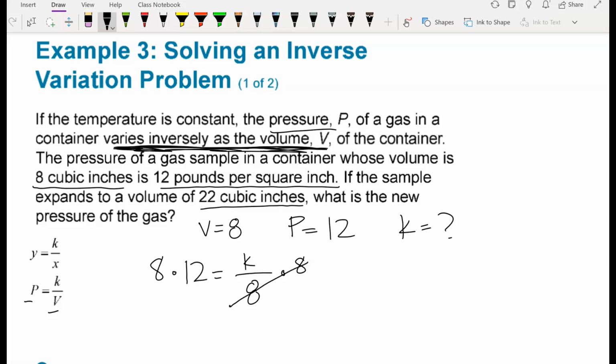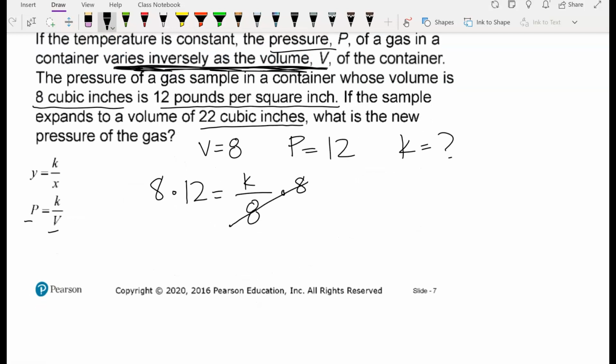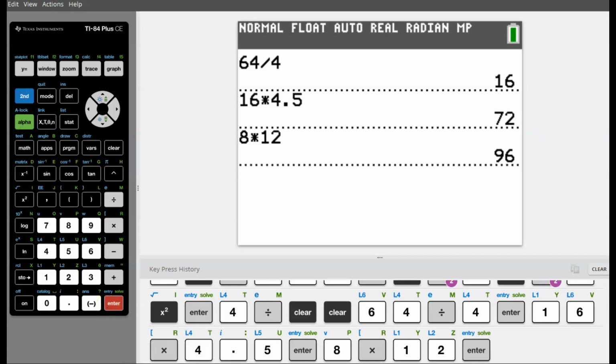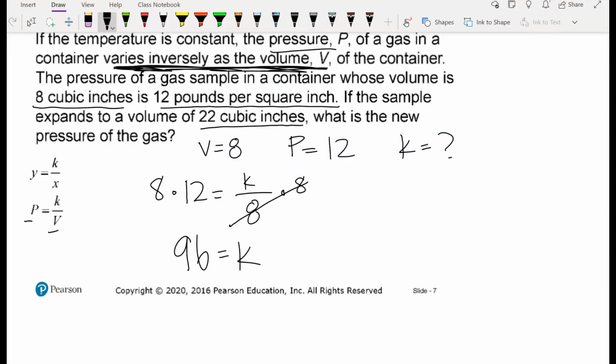So this cancels. So 8 times 12 is going to be 96, and it's going to equal K. So remember, you can do 8 times 12 in your calculator, and you'll get that 96.